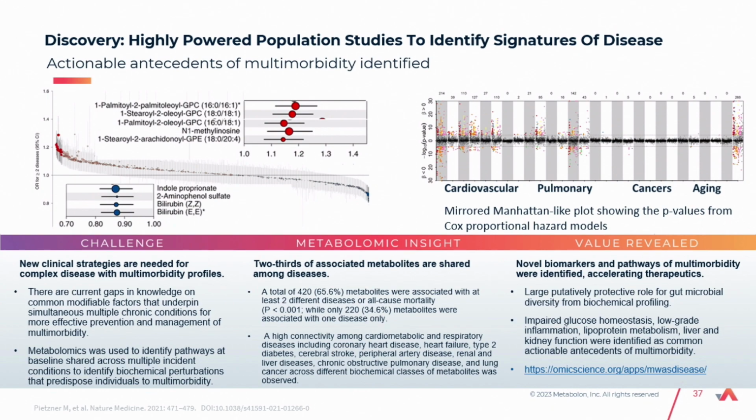And one of the interesting things that emerged from the study is that 2/3 of the associated metabolites detected in the study were associated with multiple chronic conditions, whereas only 1/3 was associated with one chronic condition alone. And what that means is that there are shared etiologies to multiple chronic conditions that perhaps suggest there could be opportunities for interventions, or at least diagnostics, to identify who's at risk for multiple chronic disease conditions.